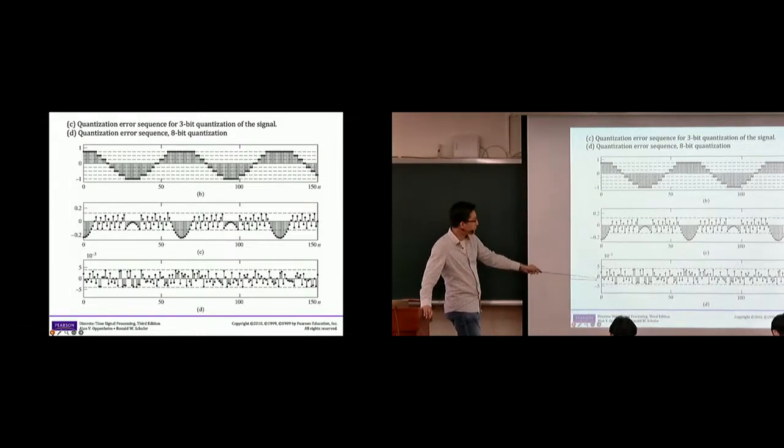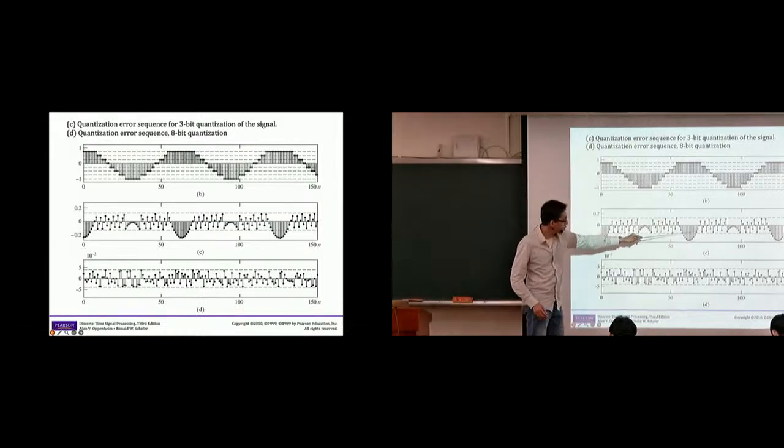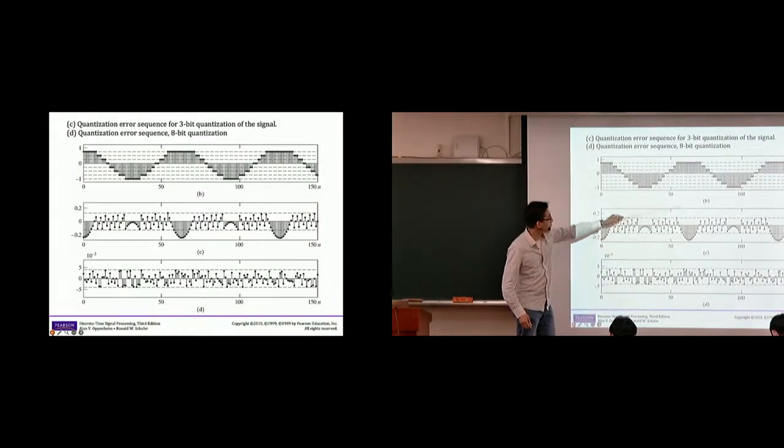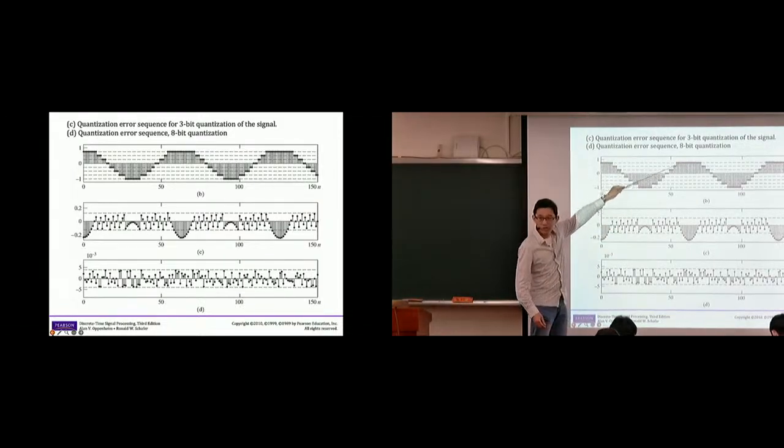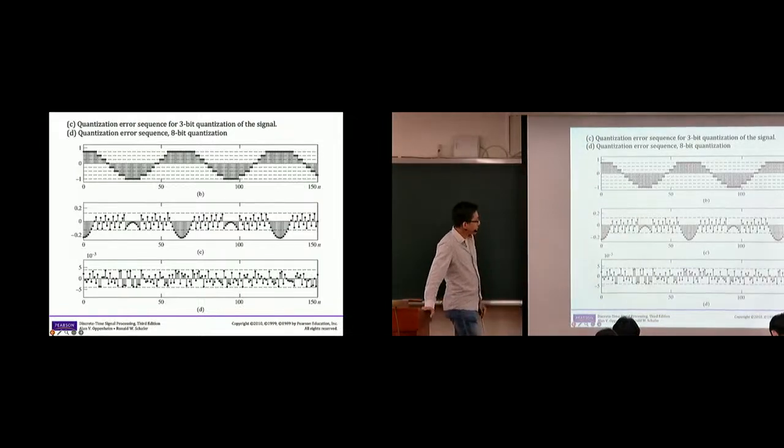And there are reasons. For example, here things don't look random. This is when the signal is clipped. But when we talk about the errors being random, we need to be more precise about our terminology. What do we mean by random?